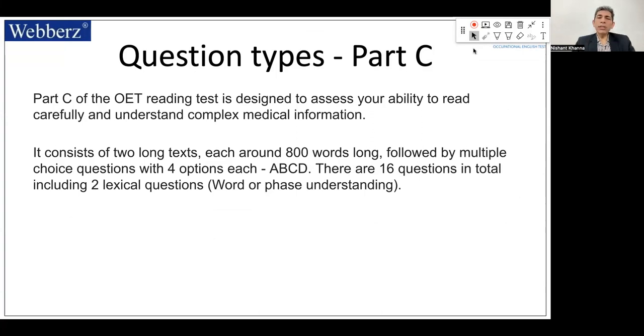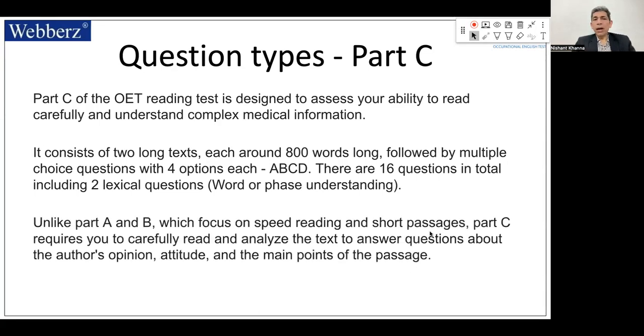What are lexical questions? They are the questions with word and phrase understanding. They give you a big word or a phrase and they ask you what the meaning of this particular thing is. Now, unlike Part A and B, speed reading is not the concept in Part C. In Part A and B, it was speed reading. If you remember, there are 4 texts in Part A and 6 texts in Part B, a total of 10 texts, very, very short ones.